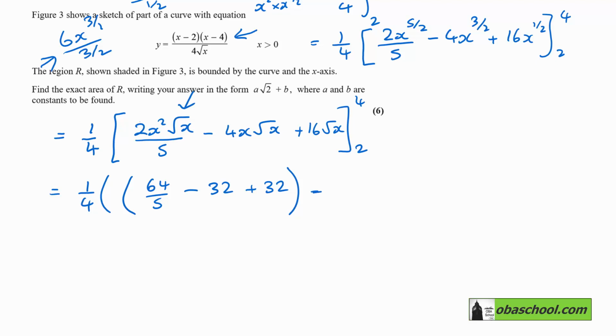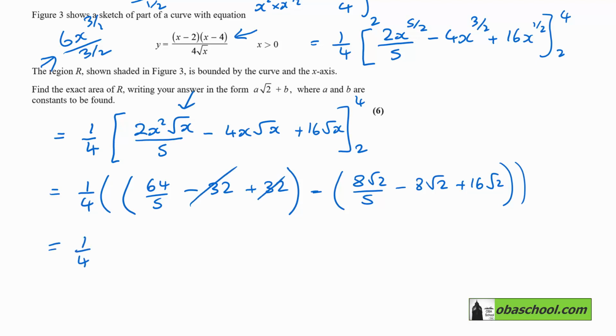And then we'll have take away, putting 2 in there is going to give us 8 root 2 on 5, take away 8 root 2 plus 16 root 2. And those are going to go. So that is going to be 1/4 of 64 on 5.